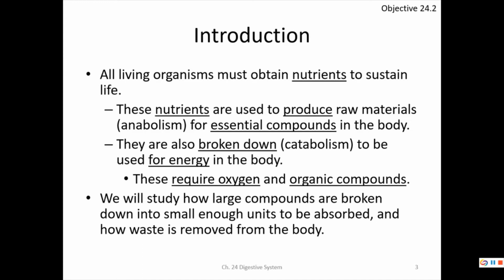What's very interesting is we have the ability to take certain nutrients and use them to produce raw materials. We saw this in the endocrine system: you can take the amino acid tyrosine and use that to make certain hormones, like your thyroid hormones, or you could take tryptophan and produce melatonin.